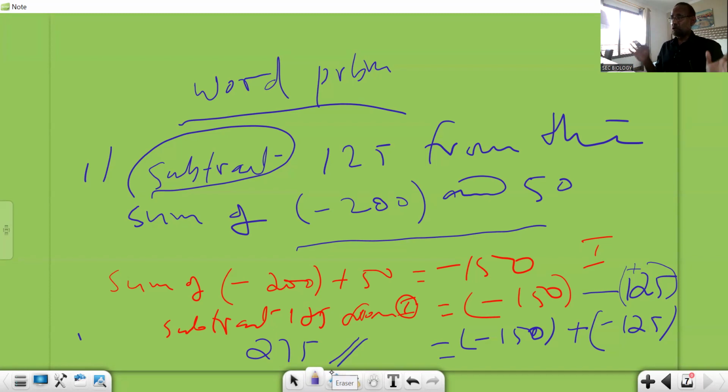It is not a gain of 275, it is minus 275. If both the signs are the same, add it and put the sign. Are you following? So, all of you please write this one.